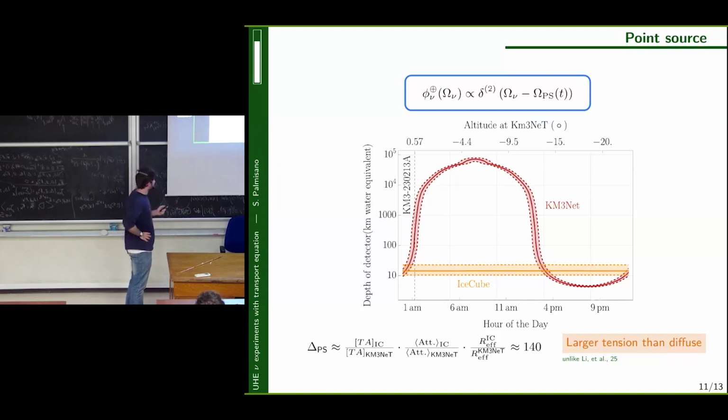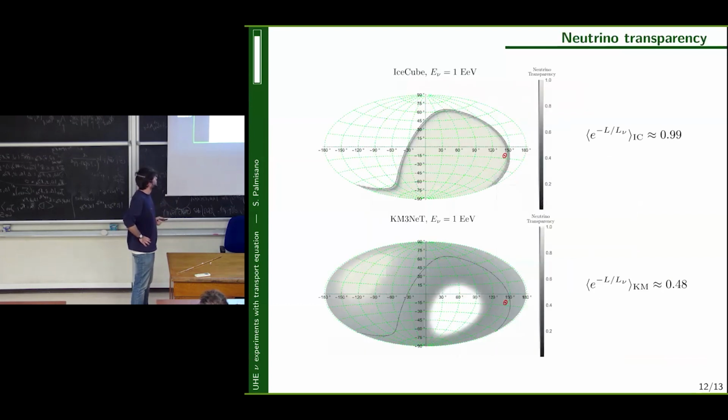Actually, this is not the case here; this is standard physics. One arrives at a larger ratio of expected number of events, resulting in a larger tension. One way to appreciate this is that with larger depths come higher attenuation of neutrinos. So IceCube does see a more limited portion of the sky at any time.